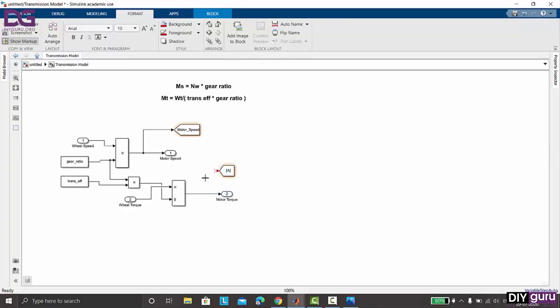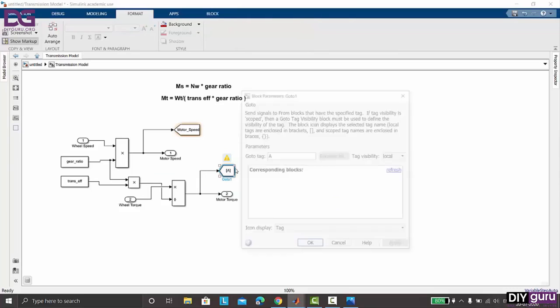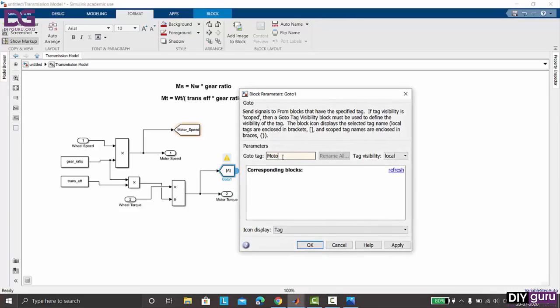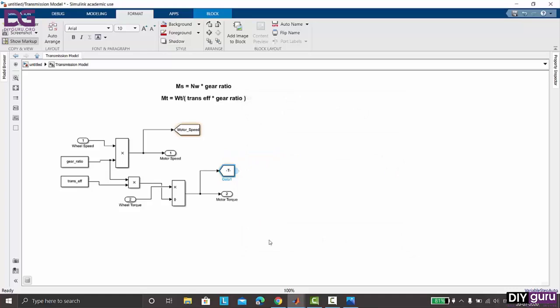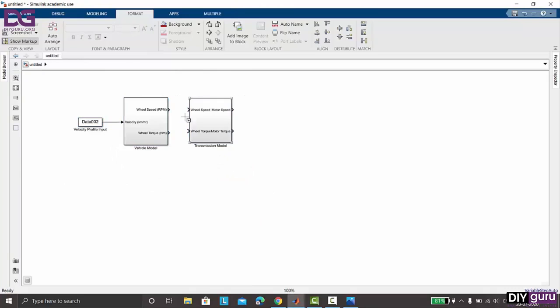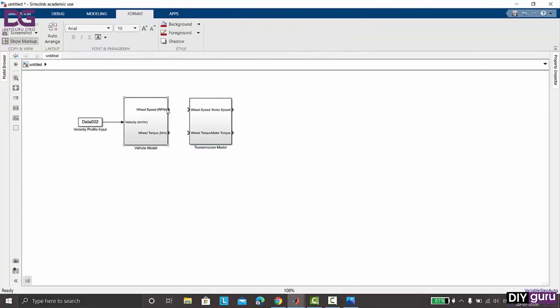Add one more go-to block and name it as motor torque. We are done with the transmission model. Now we will connect the input.